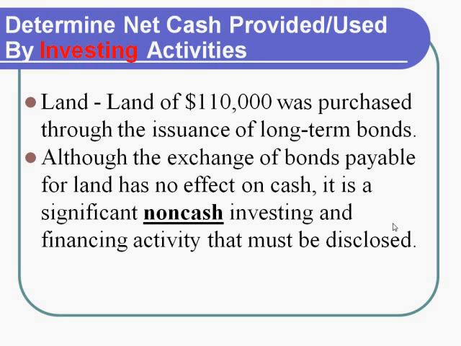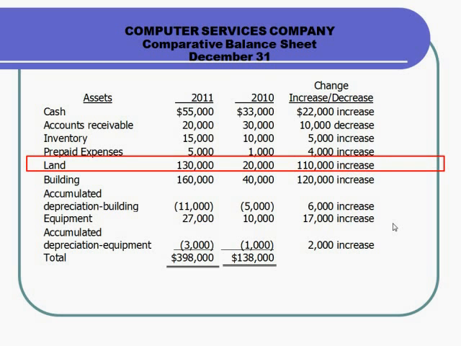So this is going to be a non-cash transaction, so it's going to be at the bottom of your cash flow report. So just write it in there: purchase land by issuing bonds. Something simple but clear, $110,000. And you are not going to record that $110,000 anywhere in the other sections above. It's in its own section on the cash flow report.